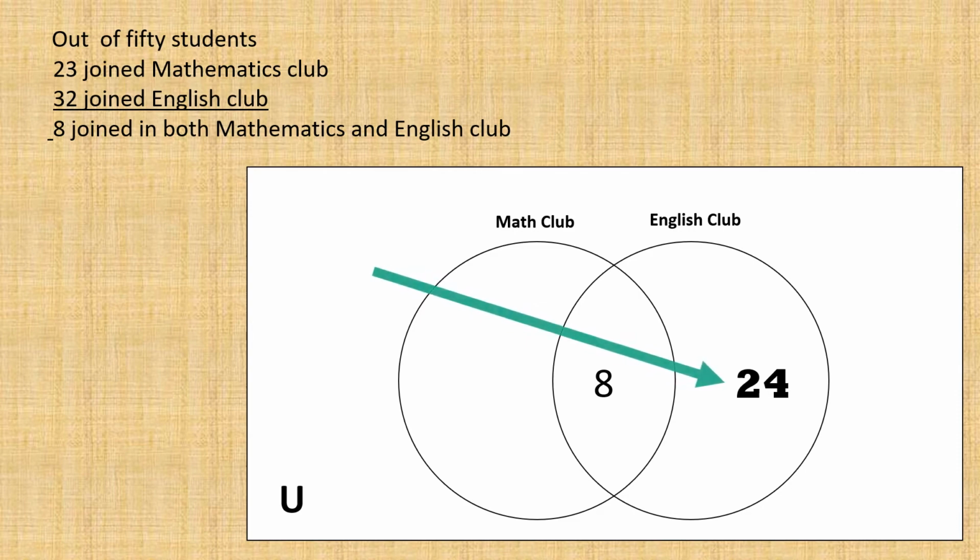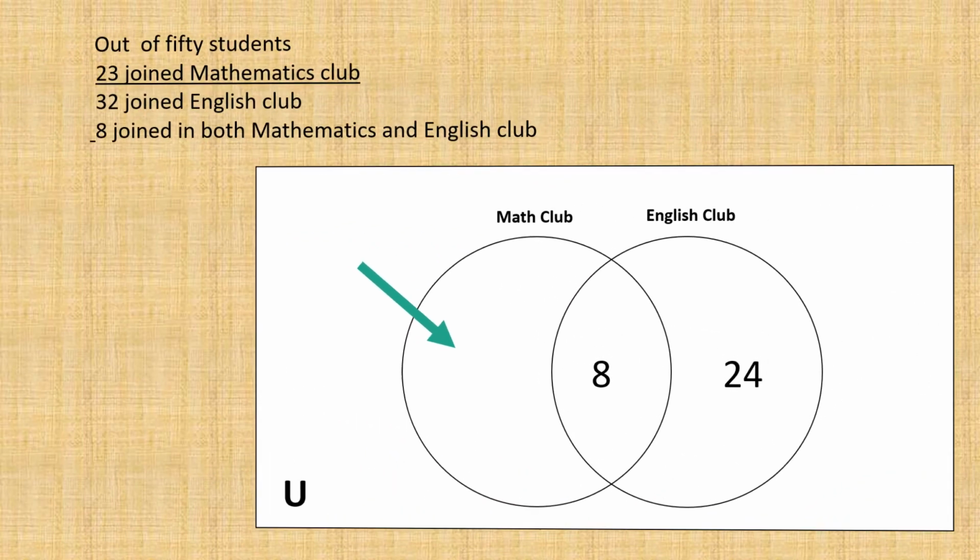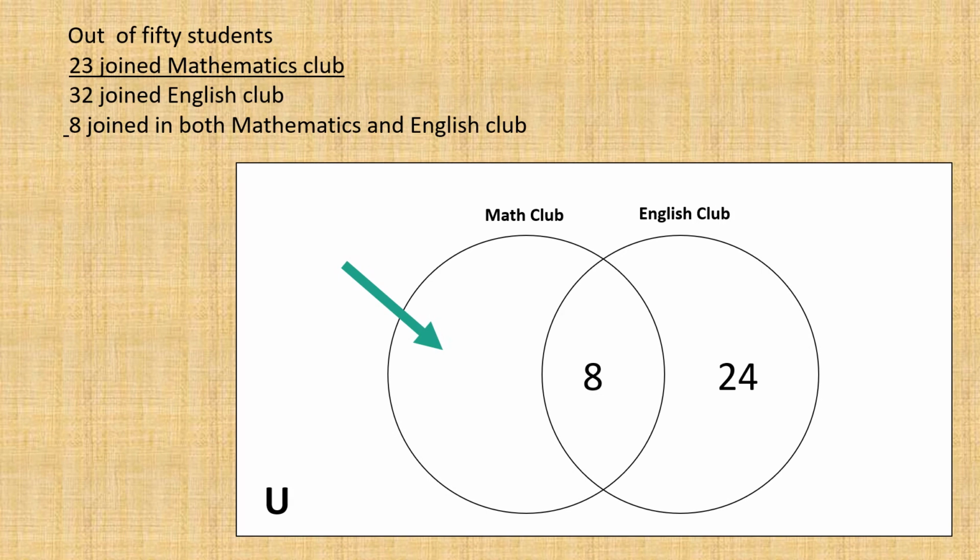This completes the 32 students. The next data is 23 joined Mathematics Club. Subtract 8 from 23. 23 minus 8 equals 15. Put 15 in Mathematics Club only. This completes the 23 students.